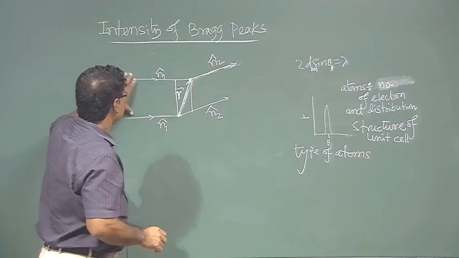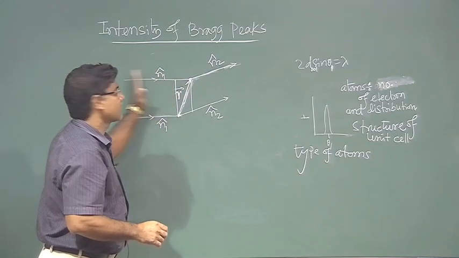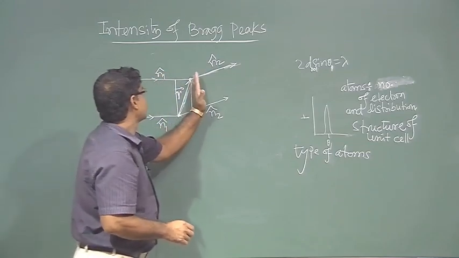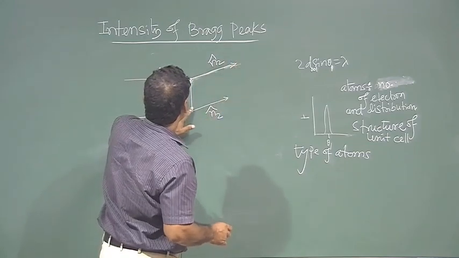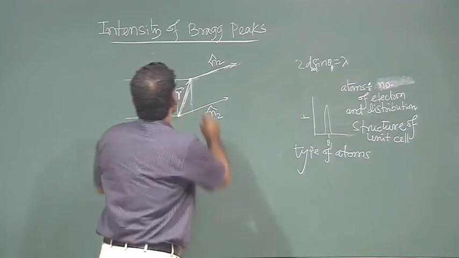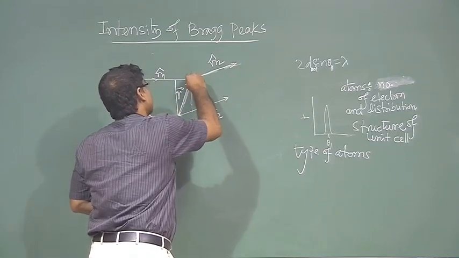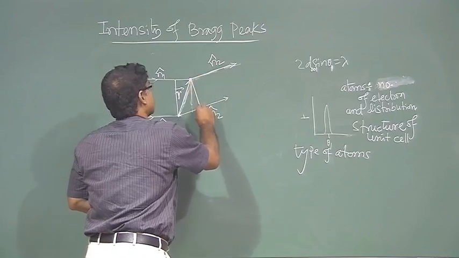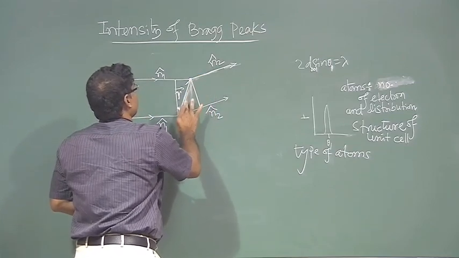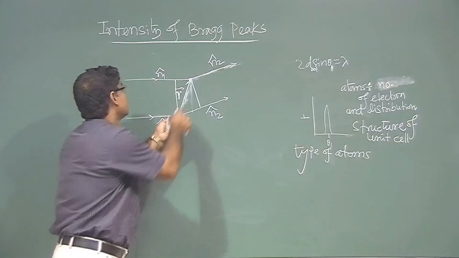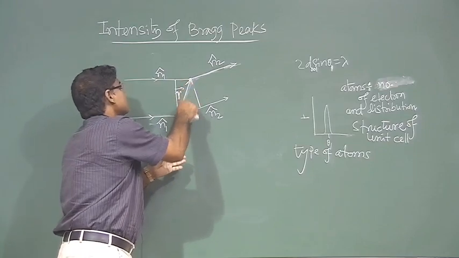Okay. So, these two are parallel. So, this side path is the same, this side path is the same. I think I should draw it this way, between this and this.